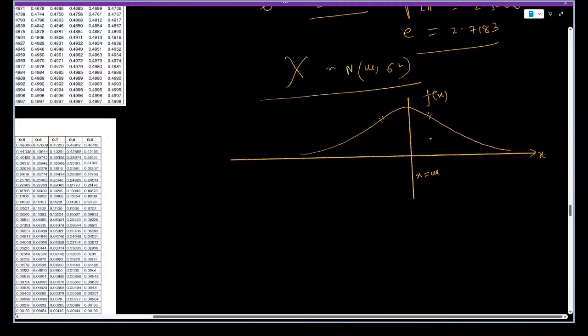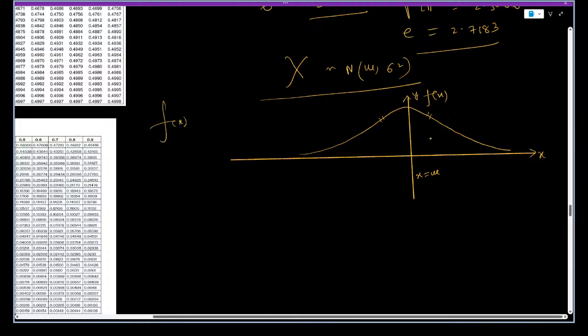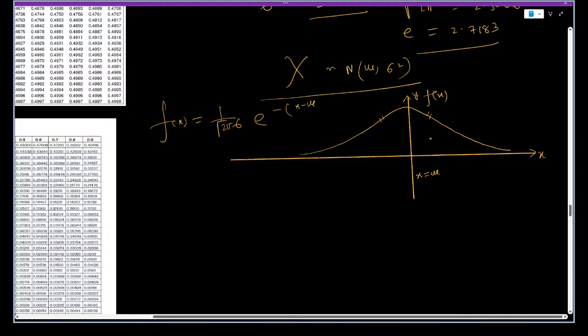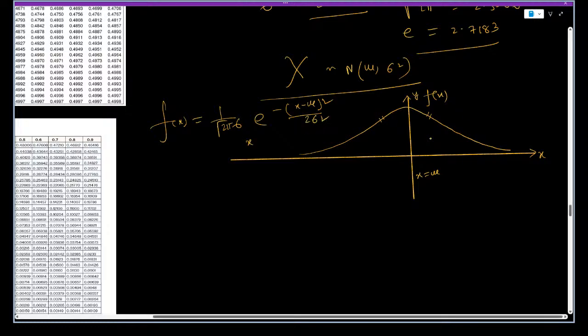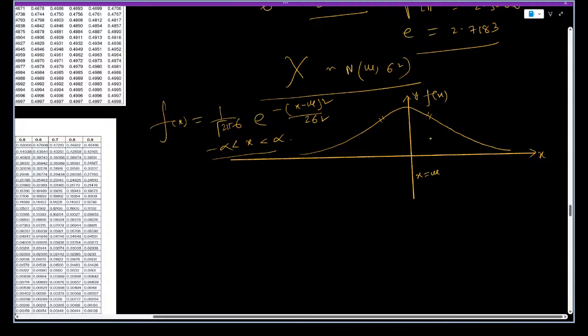Now this curve, whose equation is, if you have taken x this way and y this manner or f(x) this manner, I showed you the PDF is 1 by root 2 pi sigma e to the power minus (x minus mu) whole square by 2 sigma square, x greater than minus infinity, less than infinity. This is not the standard normal curve.